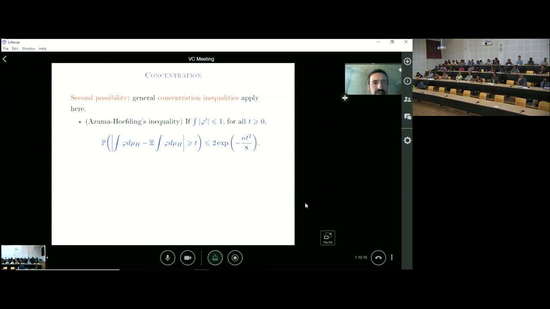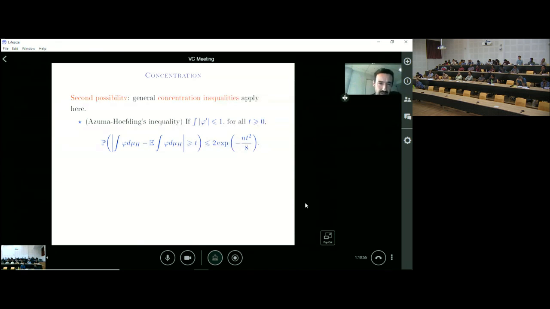One is the following. If you use the Azuma-Hoeffding inequality, and if you don't know what it is, you can look at, for example, the book of Boucheron, Lugosi, Massart, which I forgot to quote. It is a general concentration inequality, but you use it in conjunction with the rank inequality which I have given you previously.